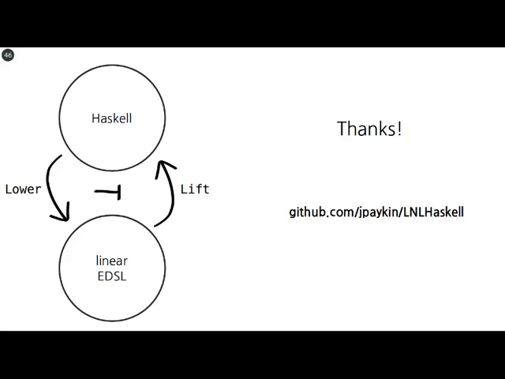So that's one of the disadvantages of doing an EDSL, that it's not as easy to reuse the Haskell data structures in the linear world, and so that definitely could be a drawback. One possibility might be to use something like Template Haskell to fake that for the user.